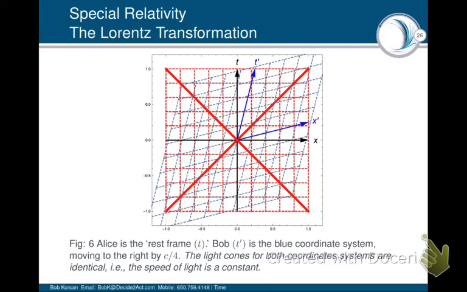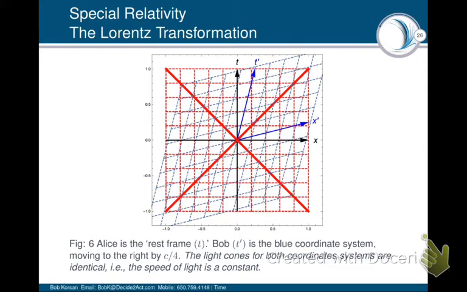Alice is the black axes x and t, and has the red dashed markers. And Bob's t prime is the blue coordinate system, moving to the right with c over 4, where c is the speed of light.